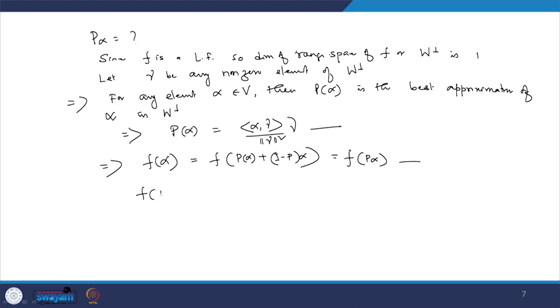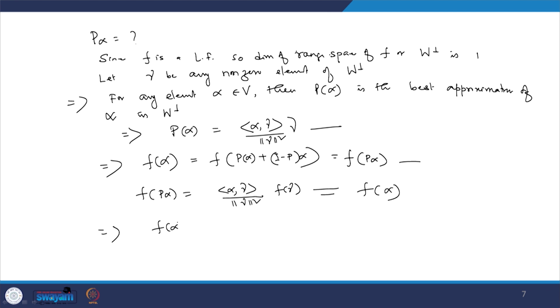Now, f of P alpha will be equal to the inner product of alpha and gamma, divided by the norm of gamma squared, times f of gamma. This is also equal to f of alpha. So if I know the appropriate beta, I can also calculate from this.